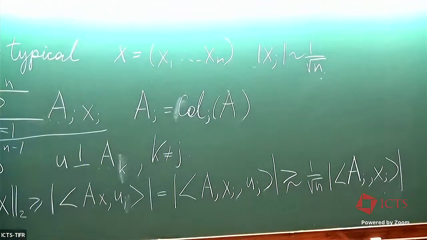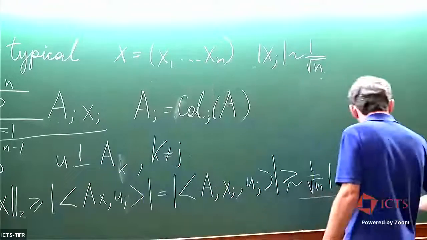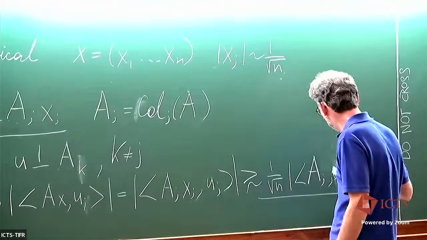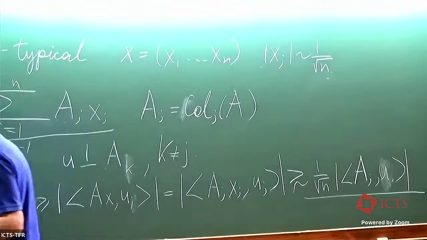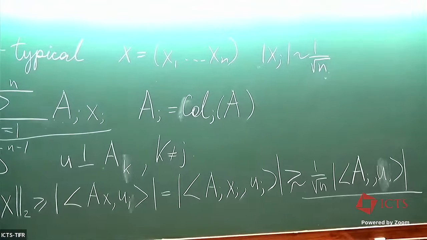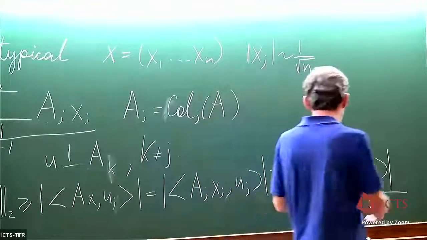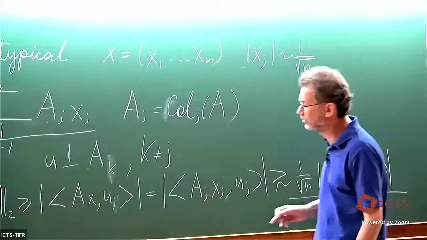What did we gain by this calculation? If you look at the right-hand side, x is completely gone from the picture. So we don't have to take the union bound. All we need is to bound this inner product.